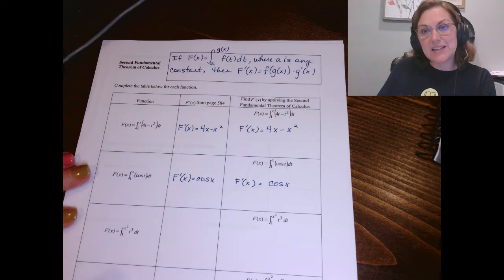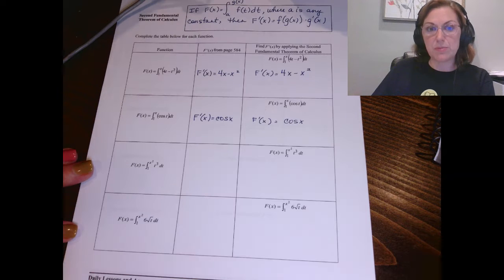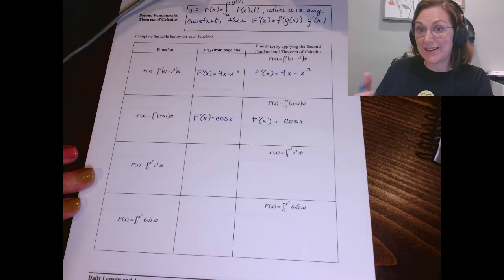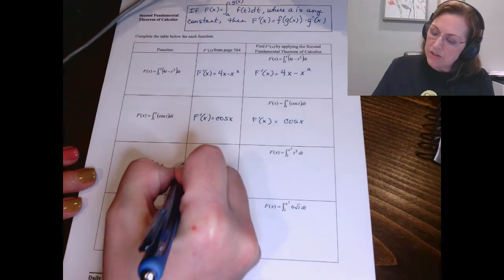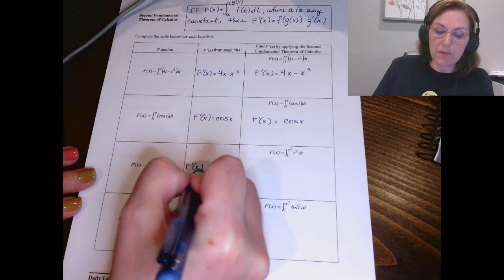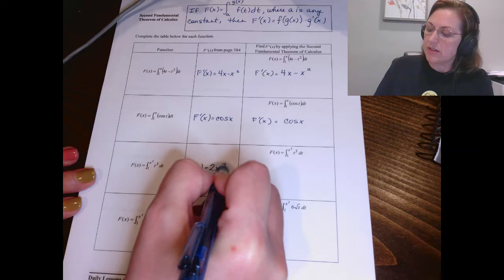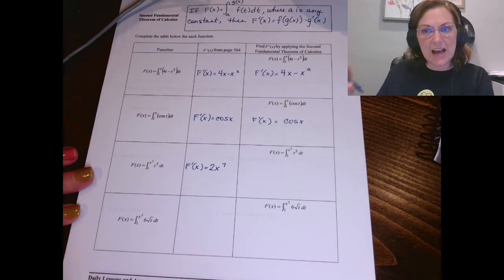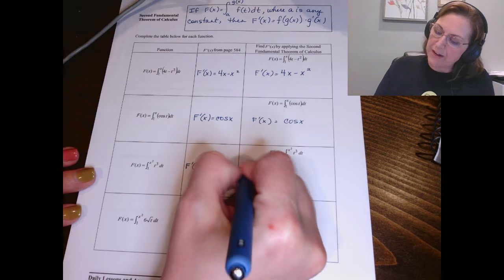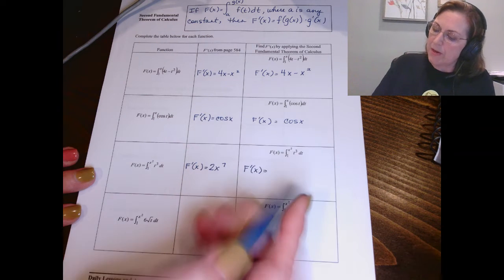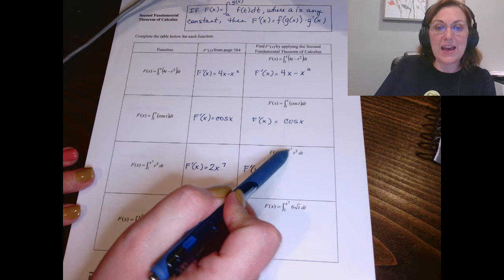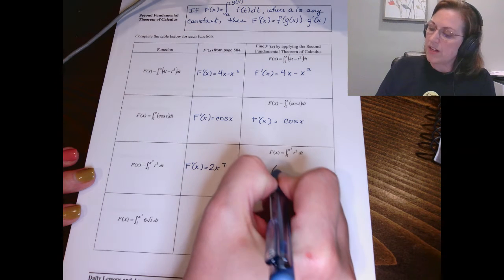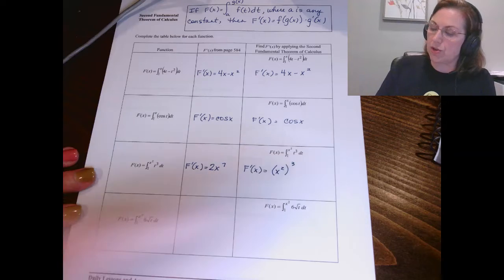Now, where this gets interesting is at the bottom, because remember, these were the two that we did not get them to agree. So this one was where we got capital F of x was 2x to the 7th. Let's see how that actually plays out here. If I do the fundamental theorem here, I'm going to substitute in x squared for t. So that's where I get x squared to the 3rd.